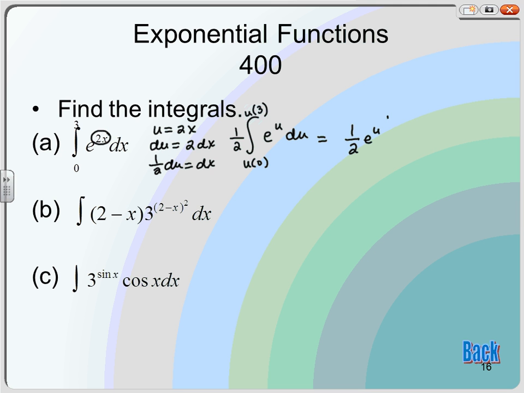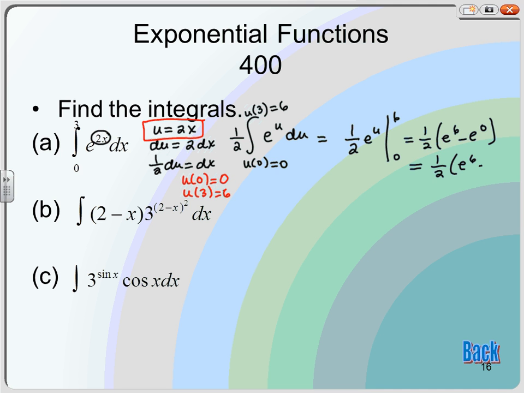So it's 1/2 e^u, going from u(0) to u(3). If you plug back into u = 2x, u(0) is 2 times 0, so 0. u(3) is 2 times 3, which is 6. So I'm going from 0 to 6. So it's 1/2 times (e^6 minus e^0), which is 1/2 (e^6 minus 1).